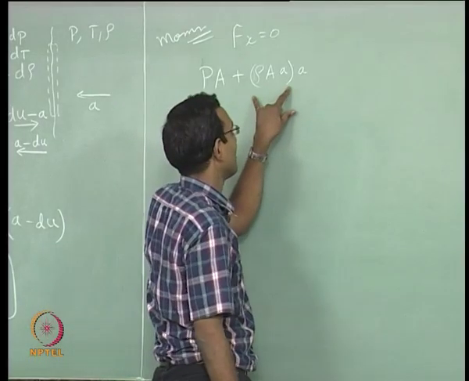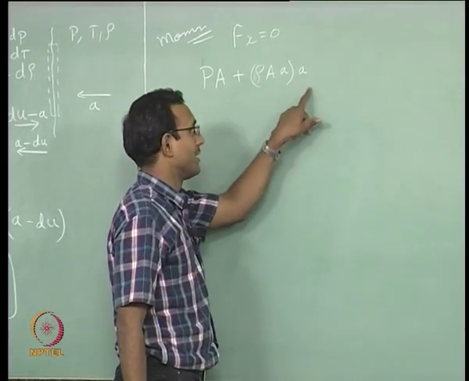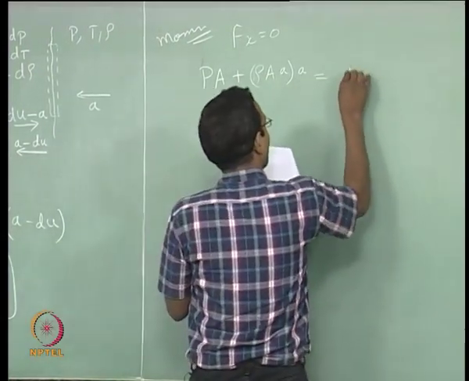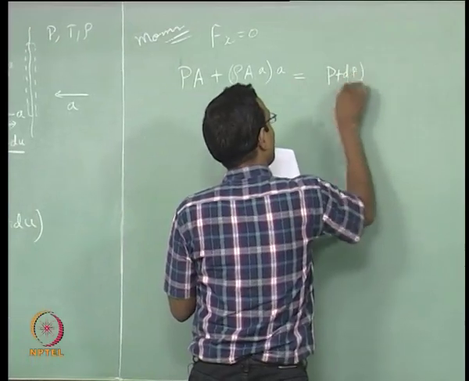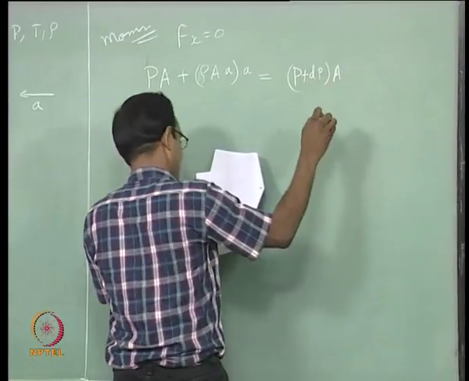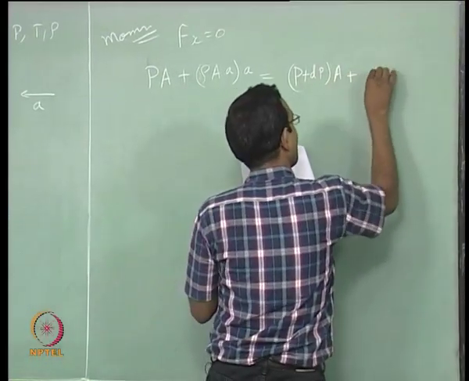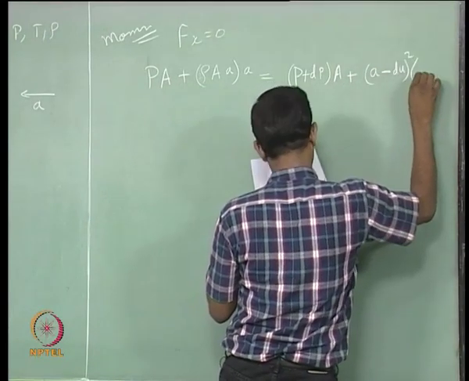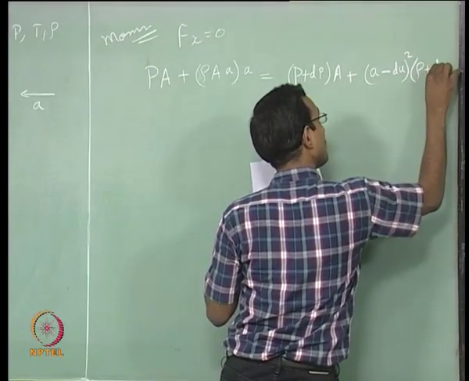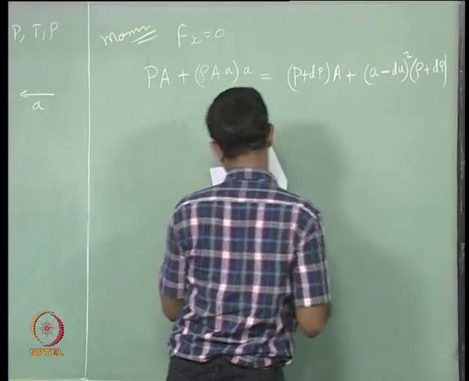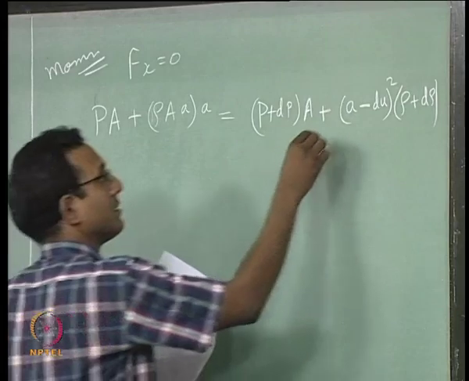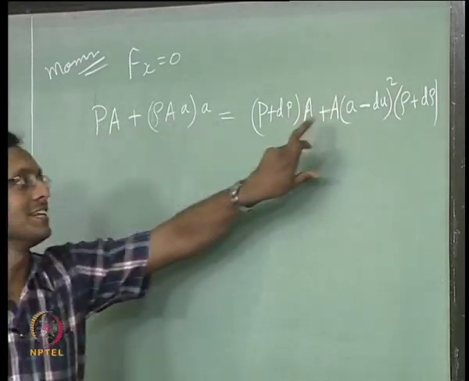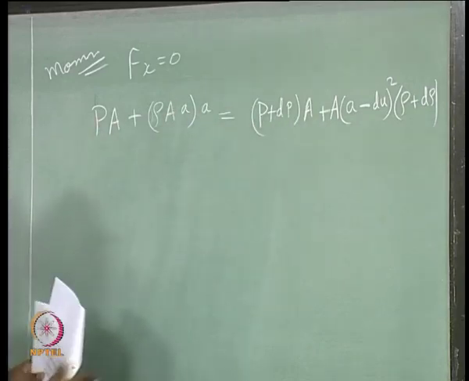It is not any different, actually it is just rho a times a square, the velocity square, that is all. This is going to be equal to p plus dp times the same area, there is no difference in area across. I have this times area, I have left the area out. Of course you can now immediately cancel the areas out, it is all the same area, I can remove all the areas.